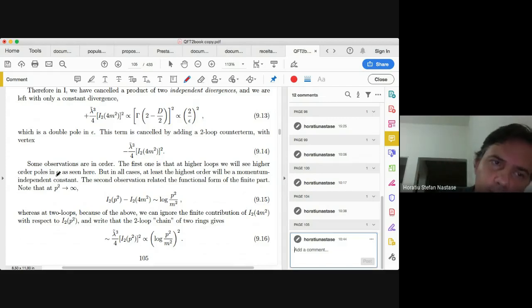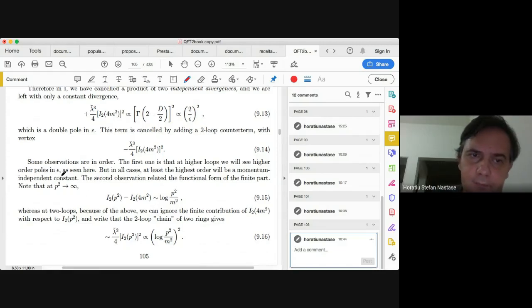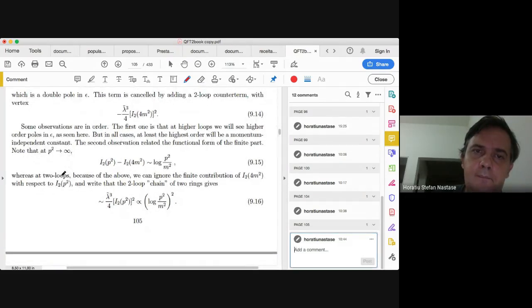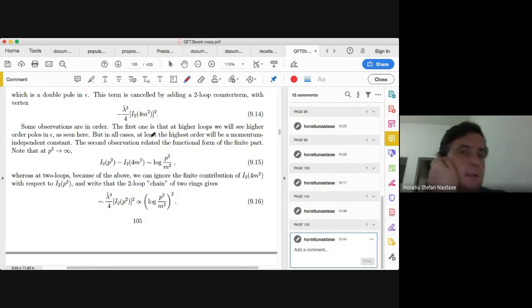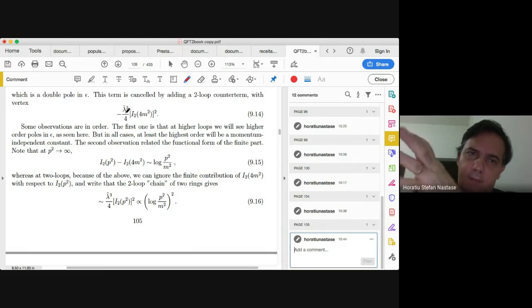So it's a higher order pole in epsilon, whereas at one loop we only found 1 over epsilon terms. One observation is that in all cases, the highest order pole in epsilon, in this case 1 over epsilon squared at two loops, will be momentum independent, like this one. This one only depends on m but not on p.